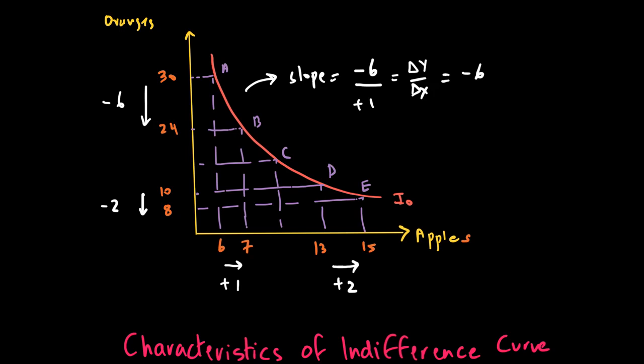But as you go from D to E, look at this, the sacrifice here, because if I look at the slope, would be -2, which is change in y, over +2, which is going to be -1. So the slope is going down; the sacrifice is going down as I buy more and more apples.